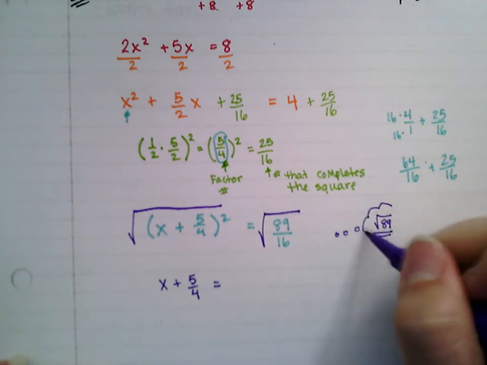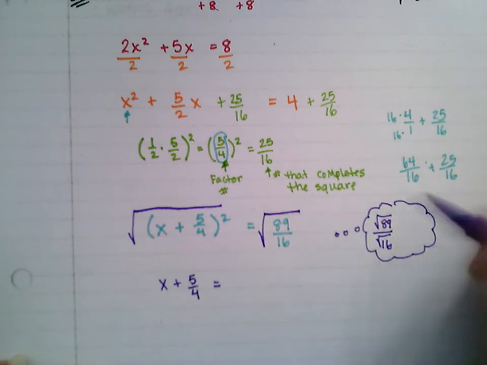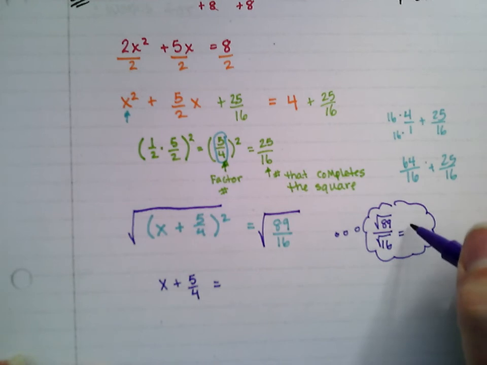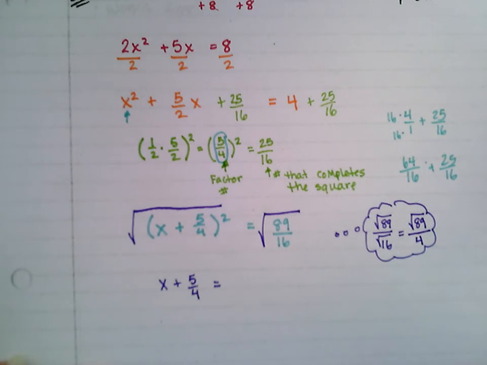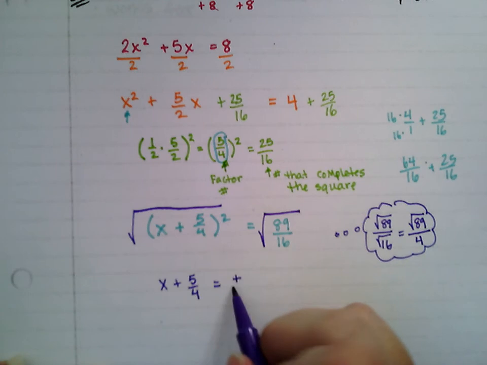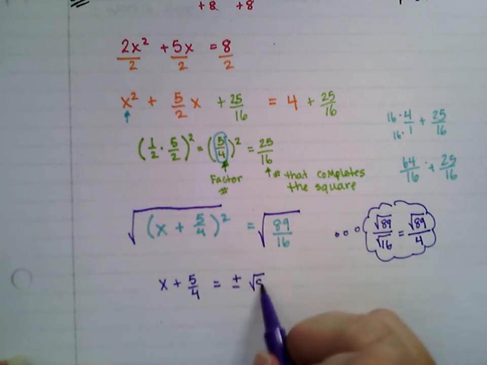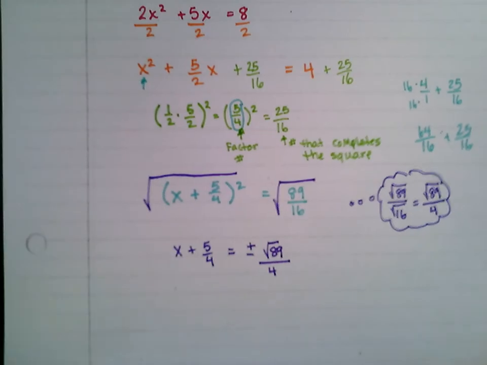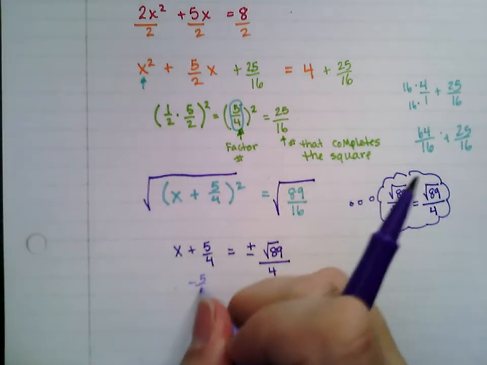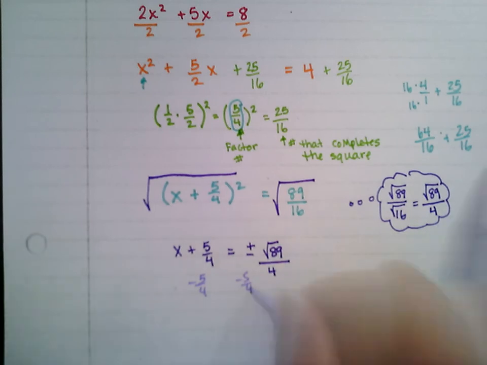So I can do the square root of 89 over the square root of 16, which 89 is prime, so it's going to stay like that, square root of 89. But 16 does have a root of 4. And then we got to remember always to do the plus or minus in front of it. So the square root of 89 over 4. And then we got to solve for x. So subtract 5/4, subtract 5/4.